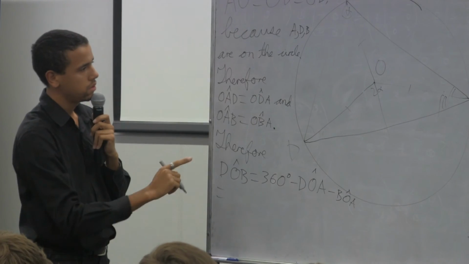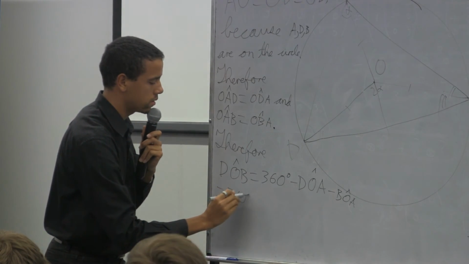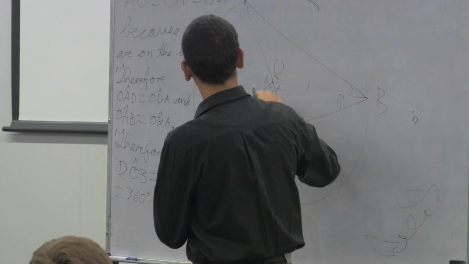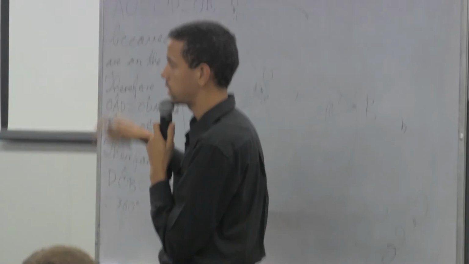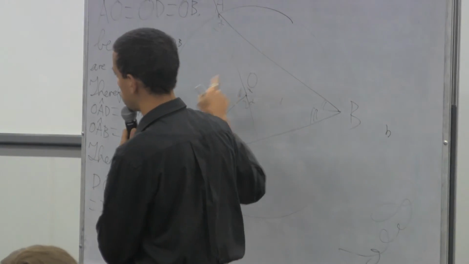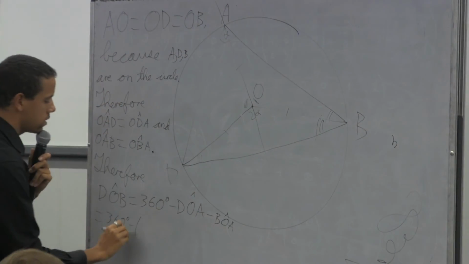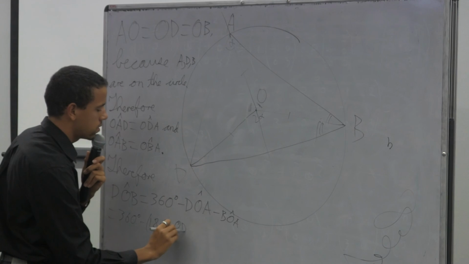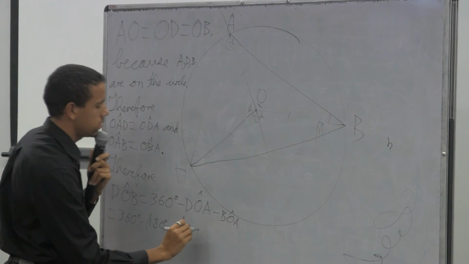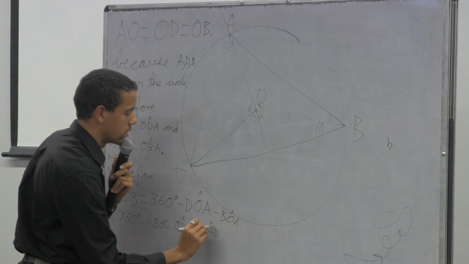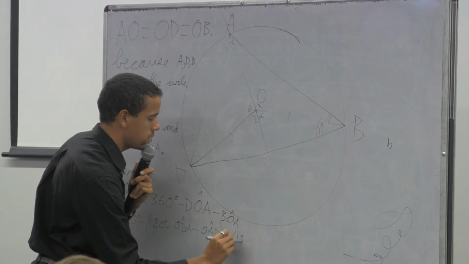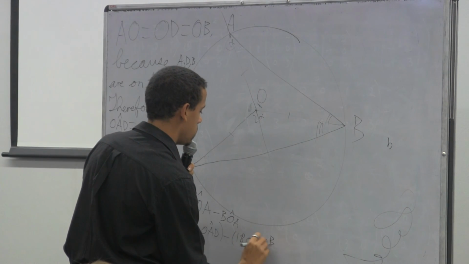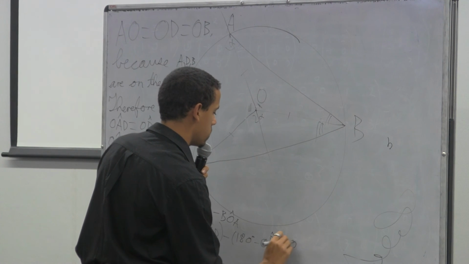And that's equal to 360 degrees minus, now for each of these angles that I chose there and there, I'm going to use these triangles saying that the sum of these angles is 180, which means that DOA is 180 degrees minus ODA minus OAD, and then BOA is 180 degrees minus OBA minus OAB.